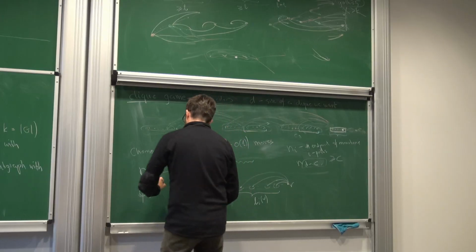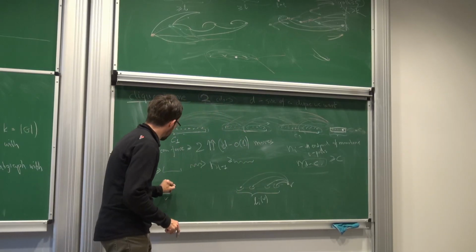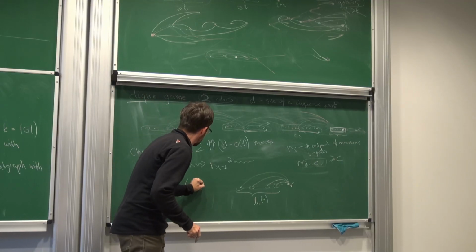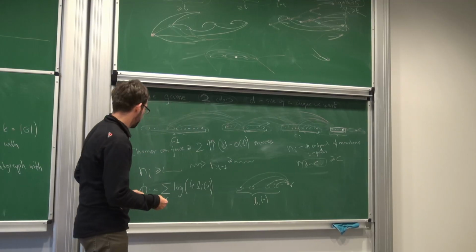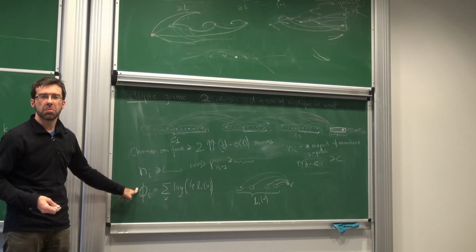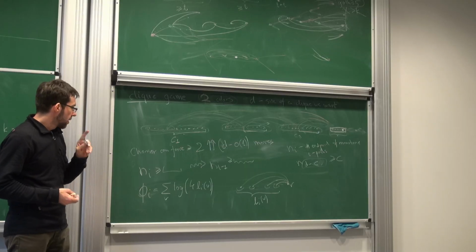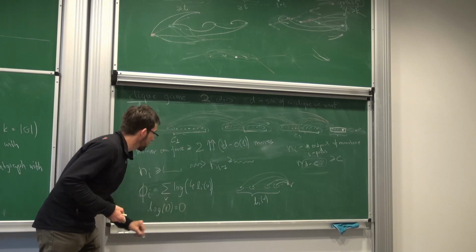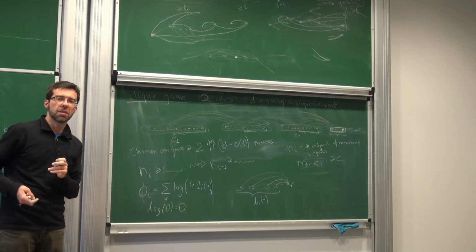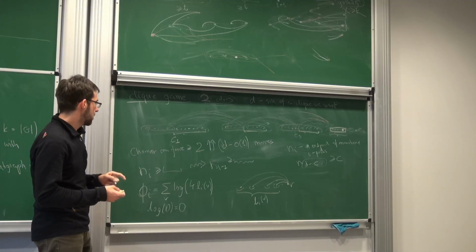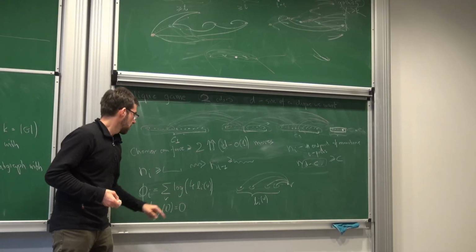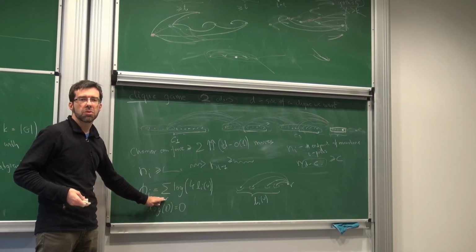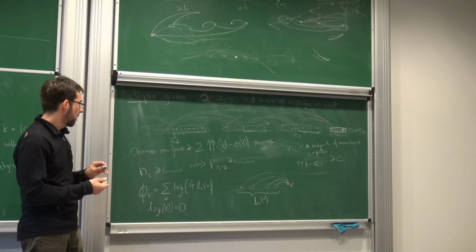So now this is the sum over v of the log of L_i of v. So this is some kind of potential function that we need. We are going to assume that log of 0 is equal to 0 for this definition to make sense, because this could be 0. So basically we are summing up just over vertices which are actually endpoints.